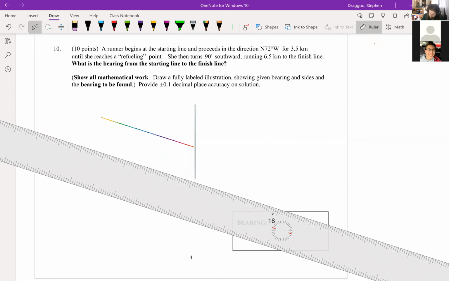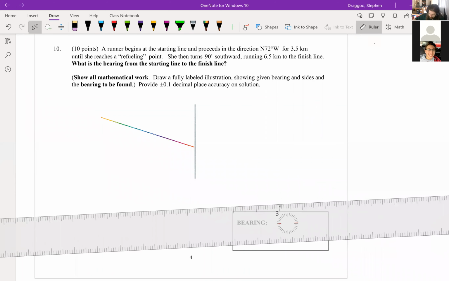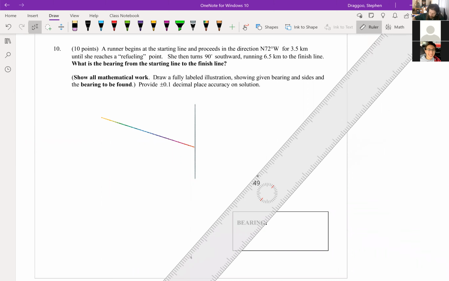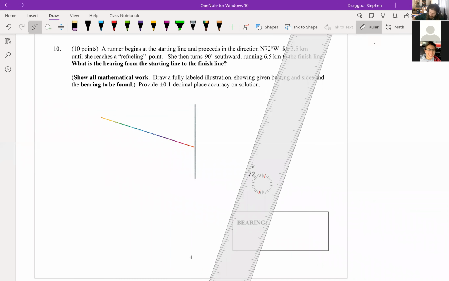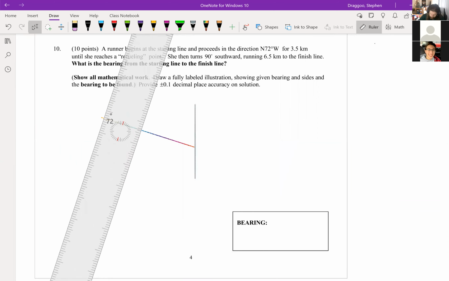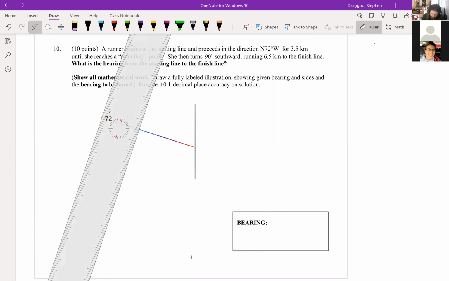at which point the runner turns 90 degrees southward, which does not mean 90 degrees due south. It just means 90 degrees in the southern direction. And then it's going to run for 6.5 kilometers this way. So it should be a fair bit longer than our 3.5 kilometer line.